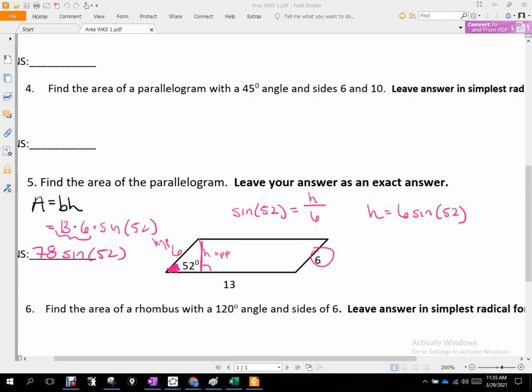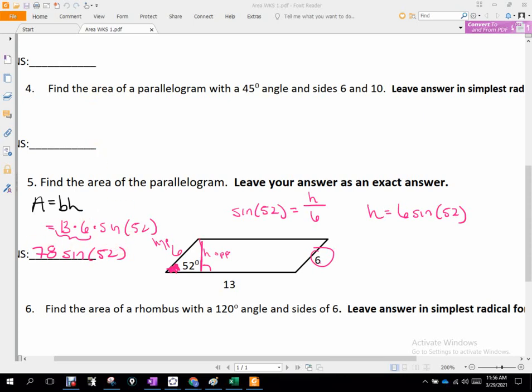Okay? There's no other way of doing it, other than maybe using, because we know sine and cosine are complementary, I could say 78 cosine of 38 would give me the same result here. But that's the most direct way of writing the exact answer. Does that make sense? Okay.